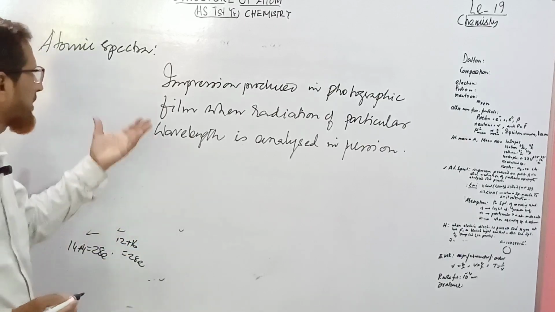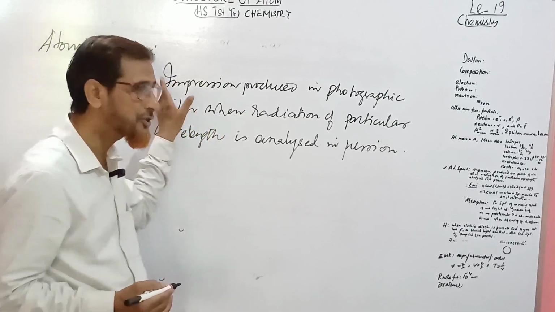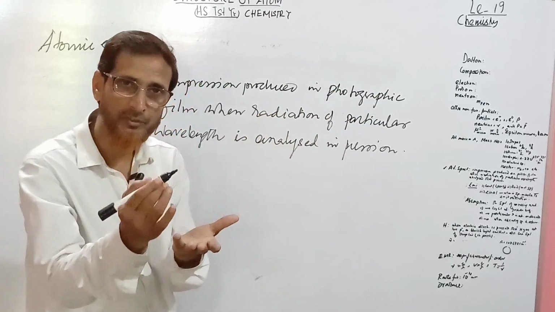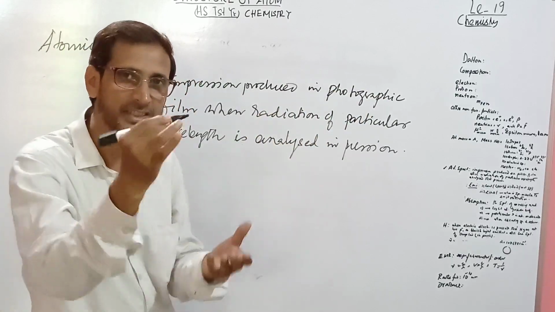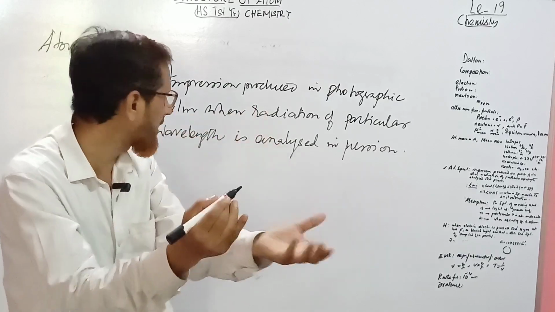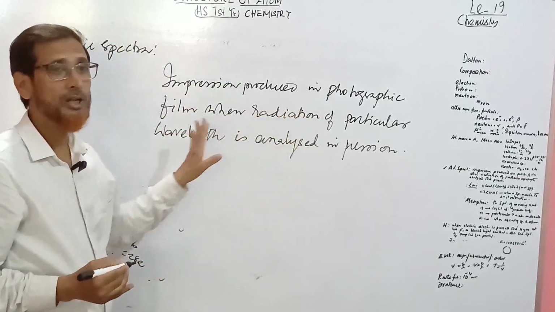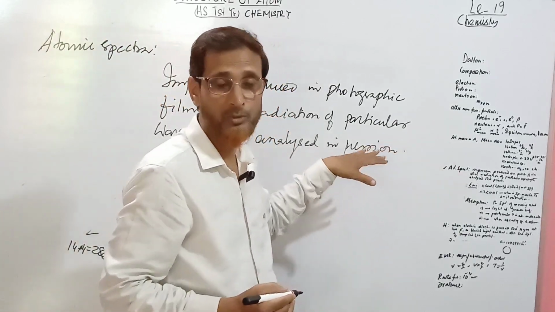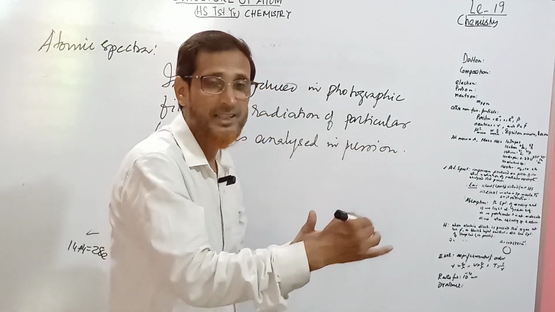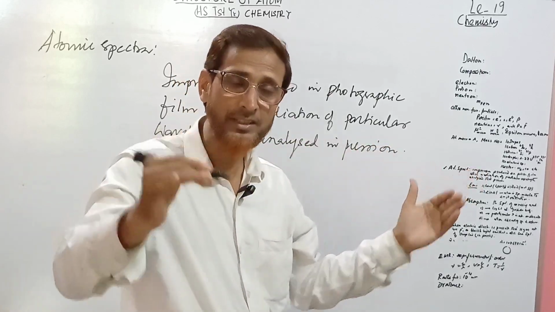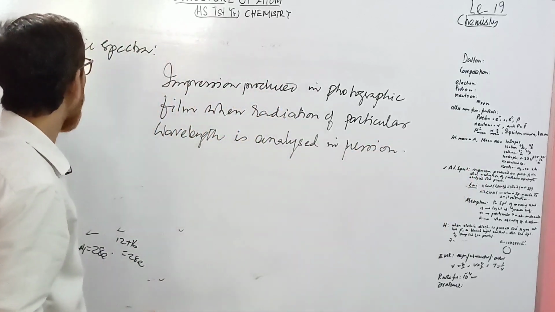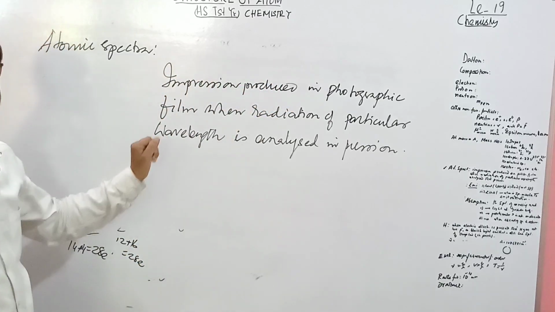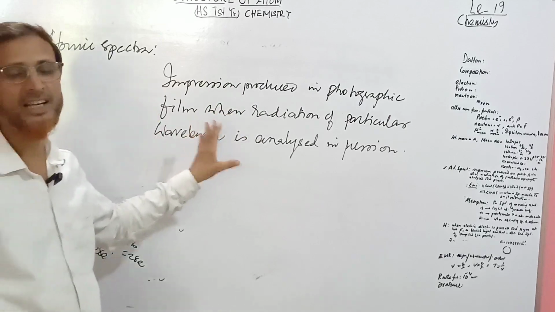Atomic spectra is nothing but the impression produced in a photographic film when radiation of a particular wavelength is analyzed in a prism. There will be some splitting, and this will give you atomic spectra.